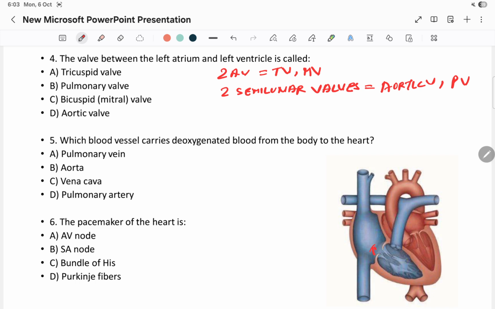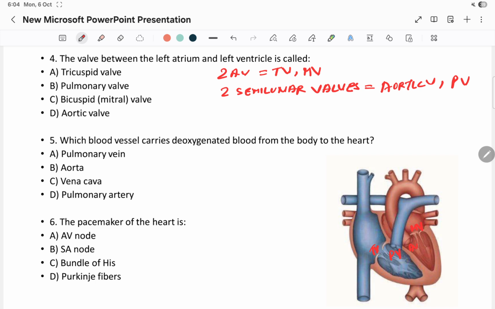As I have mentioned earlier, the tricuspid valve is located between the right atrium and the right ventricle, and the bicuspid valve or mitral valve is located between the left atrium and the left ventricle. The aortic valve is between the left ventricle and the aorta, and the pulmonary valve is between the right ventricle and the pulmonary artery.